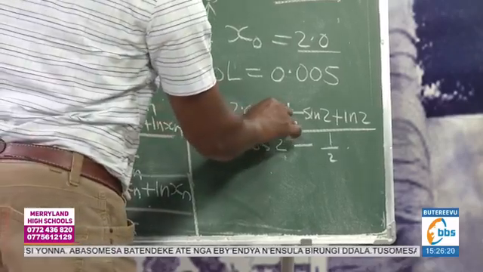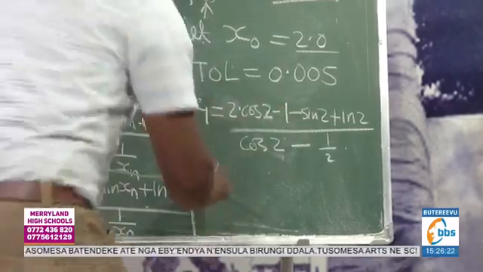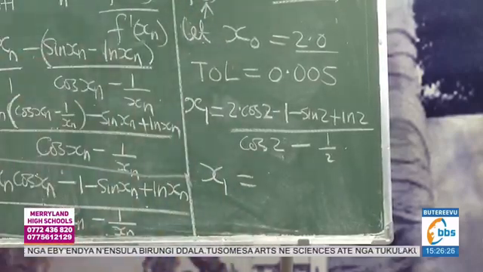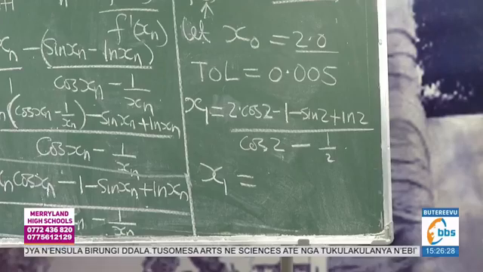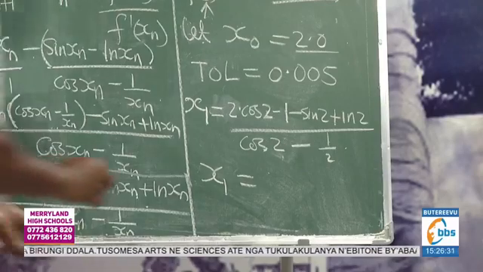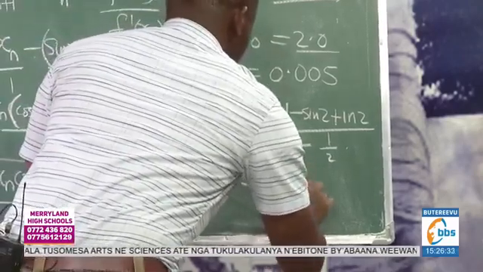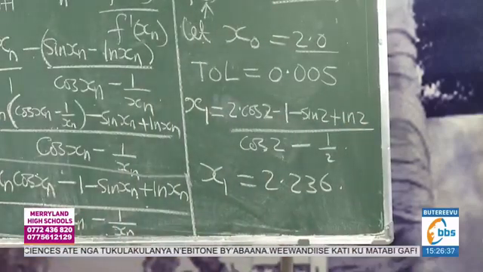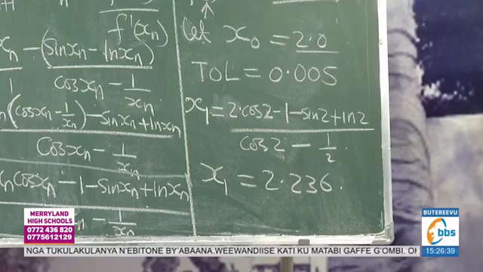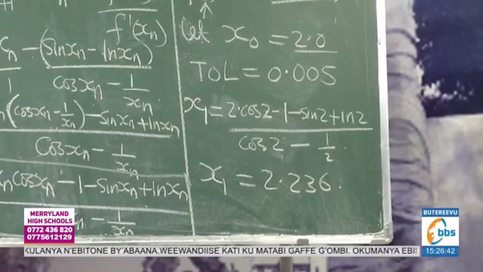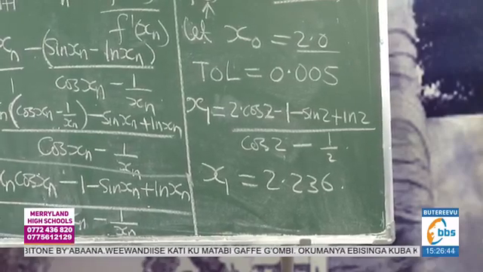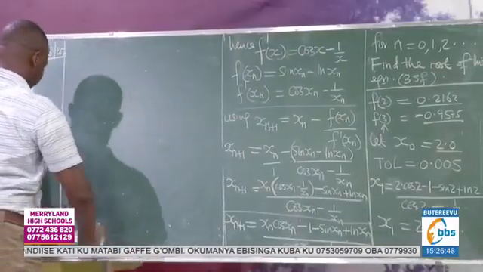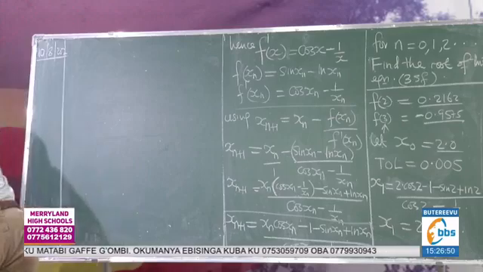If you use your calculators there, our value of x1 should be 2.236. I can now rub off here so that we can proceed.